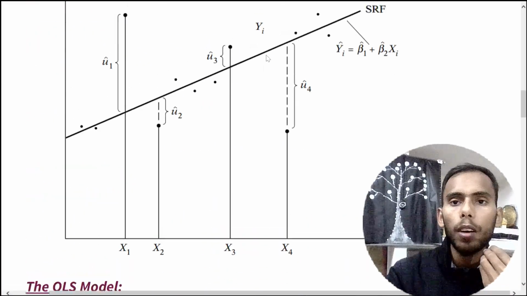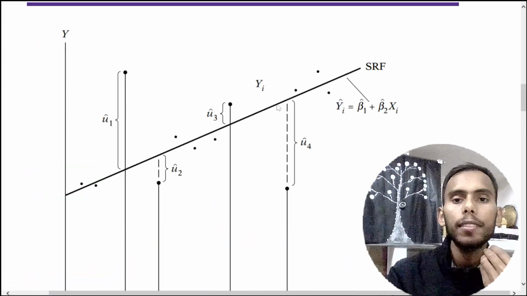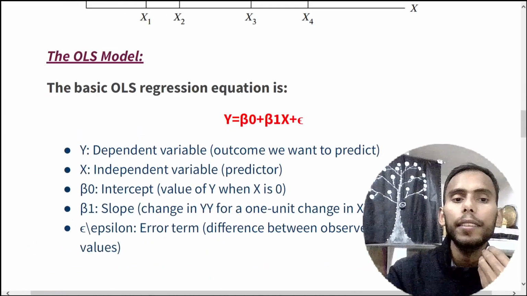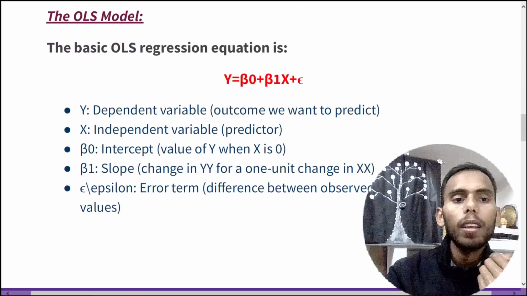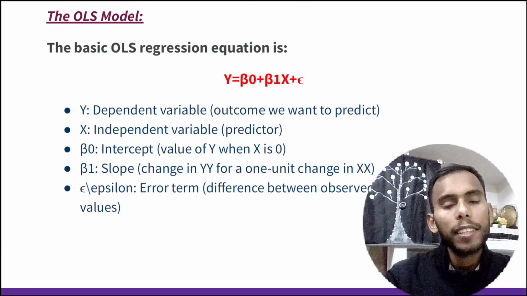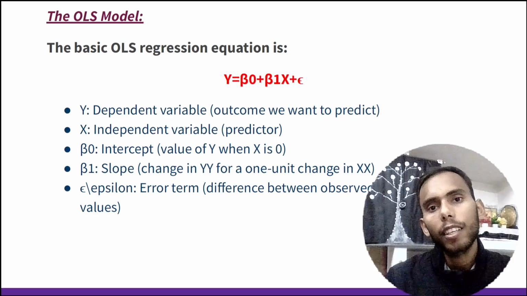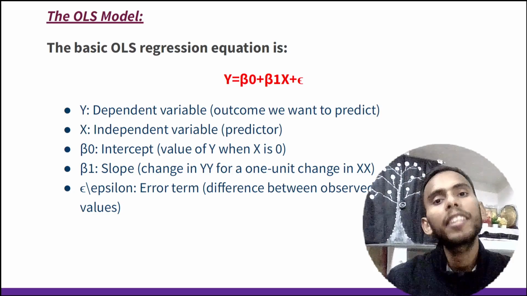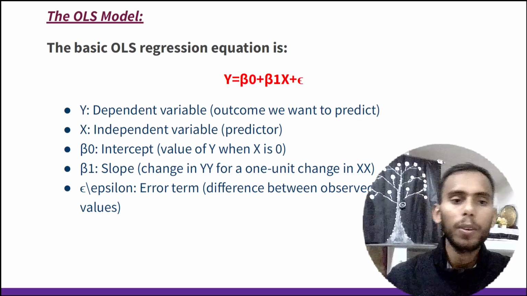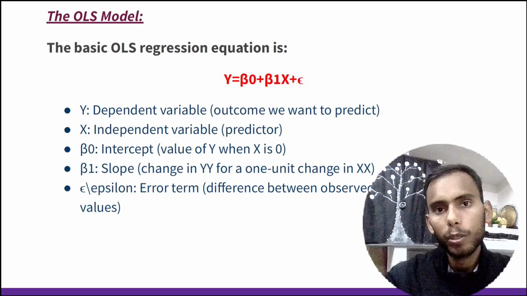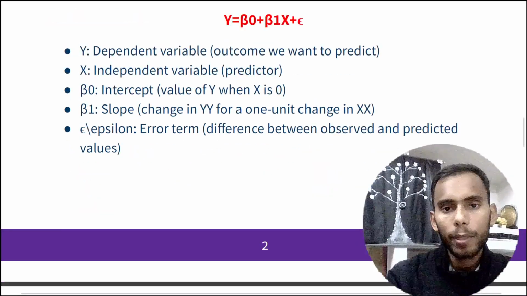So the slope of our SRF is represented by beta 1. If we are taking the example of a consumption function, our marginal propensity to consume would be the slope of our economic model. There can be lots of examples like this.